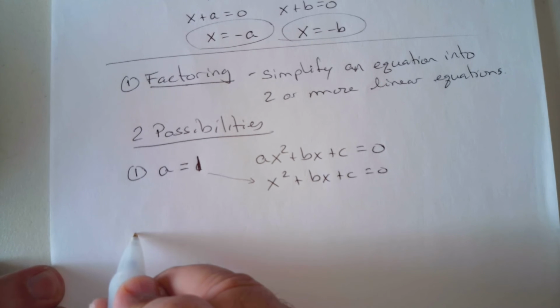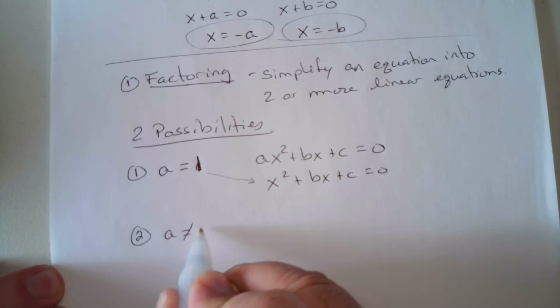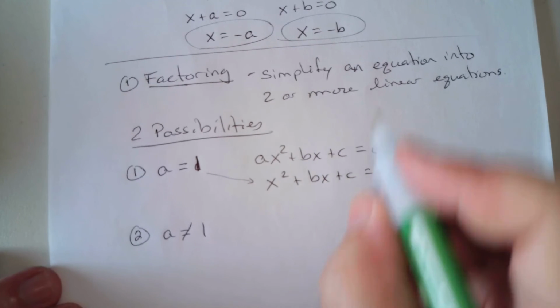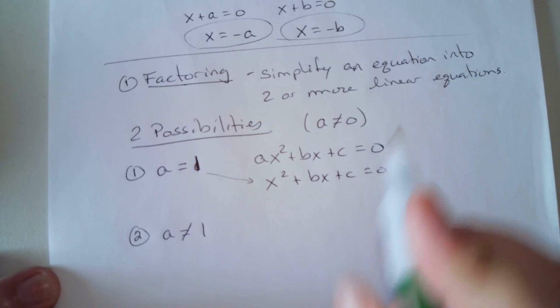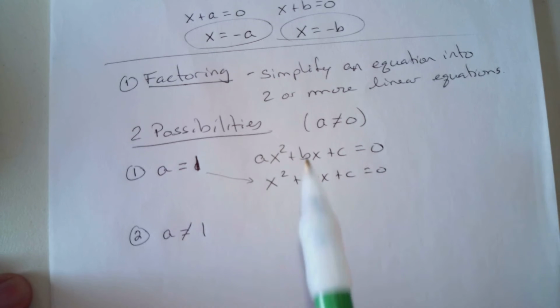And then second, if a doesn't equal 1. Remember, all of these have to be true because a can never equal 0. If a equals 0, then we don't have a quadratic, so a has to be a number.